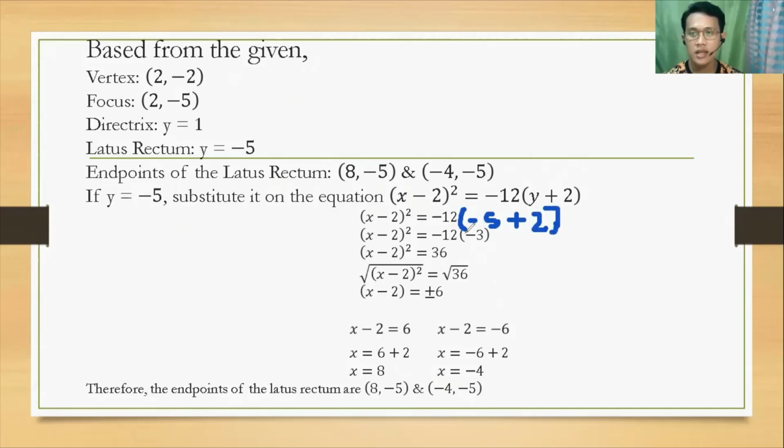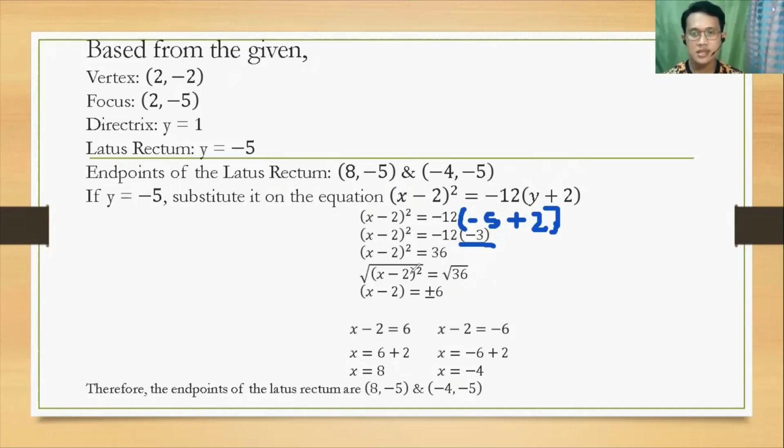And after that, -5 plus 2, you get -3. So you perform the operation, -12 times -3, you get positive 36. Sir, why is it positive 36? Because a negative number multiplied by a negative number is basically positive. And then you copy the left side, which will just be the same.